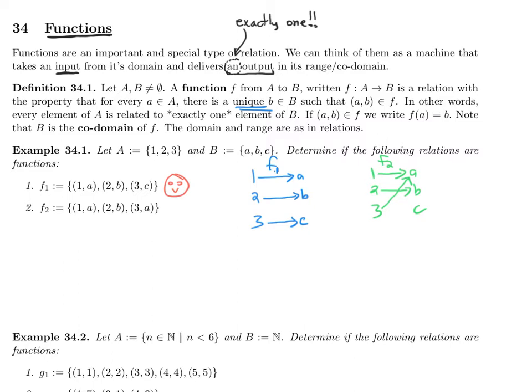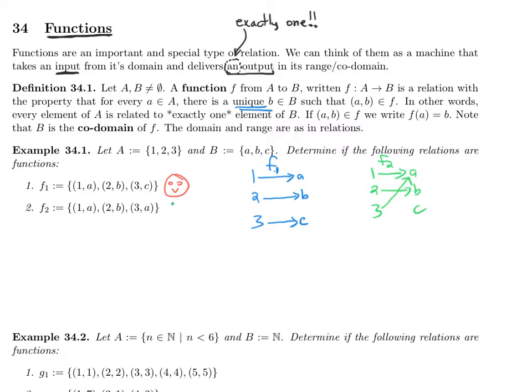And we check. How many elements is 1 related to? 1 is related to exactly one element, A. 2 is related to exactly one thing, B. And 3 is also related to exactly one thing, A again. So this is also a function.